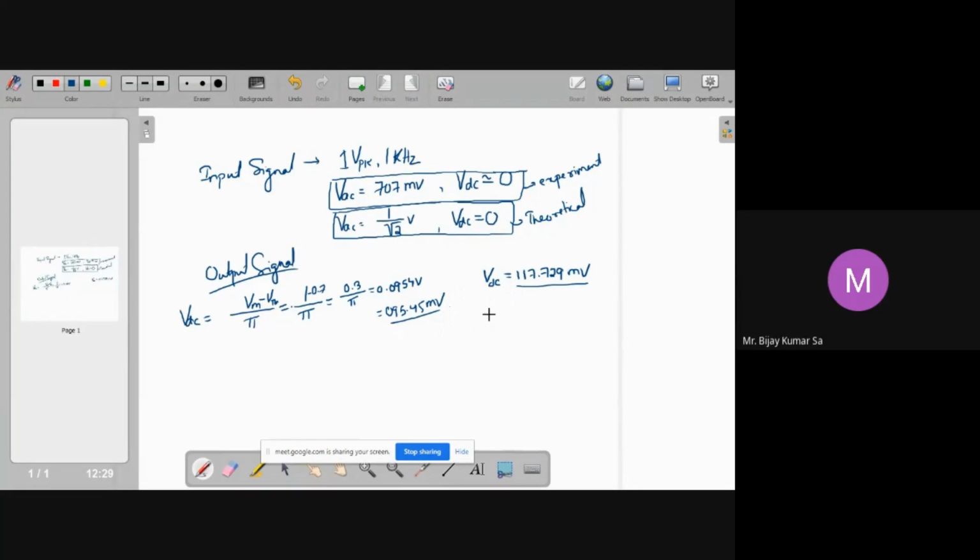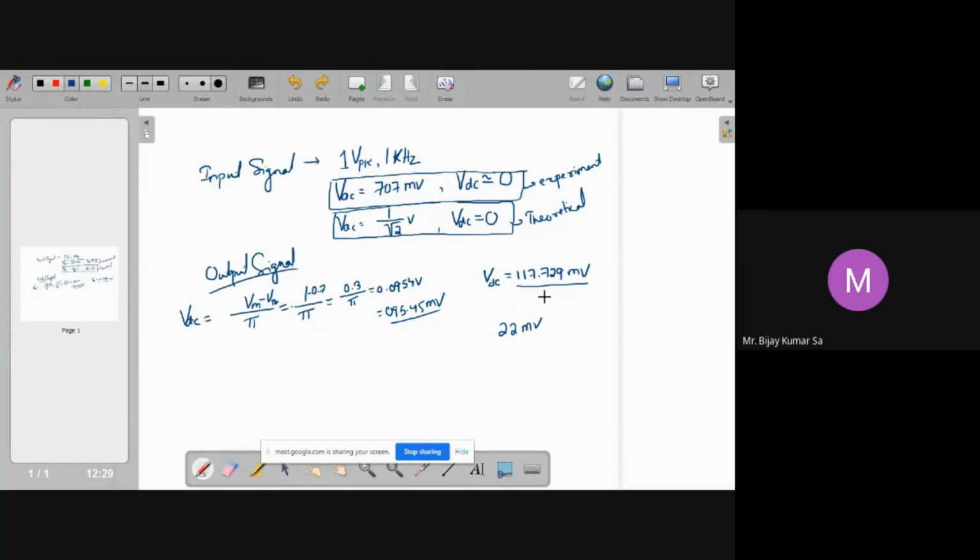So 117.729 minus 95.45, how much is this? 22 millivolts. The difference between this experimental and the theoretical value of VDC is only 22 millivolts, and that is acceptable, this much lag between the experimental and the theoretical value.